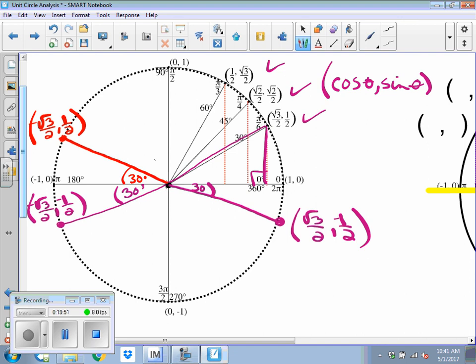Okay? So what is cosine of 0 degrees? Where's 0 degrees? 0 degrees is right here. The coordinates of that are 1, 0. So what is cosine of 0 degrees? 1. What is sine of 0 degrees? 0. What is sine of 90 degrees?